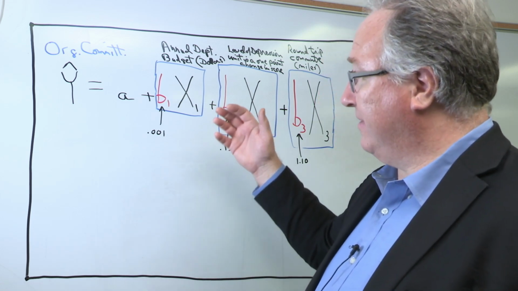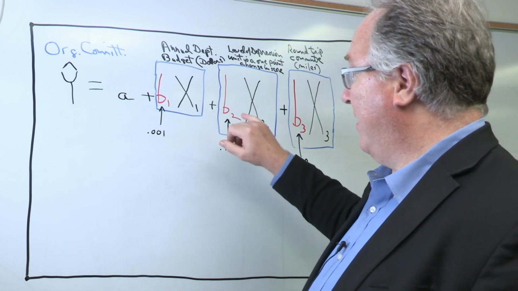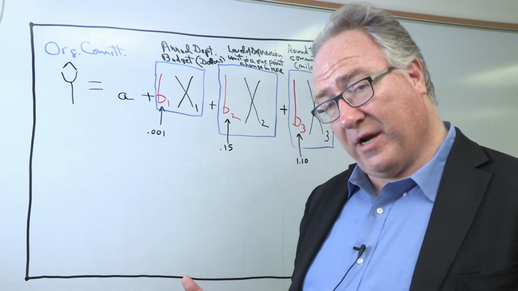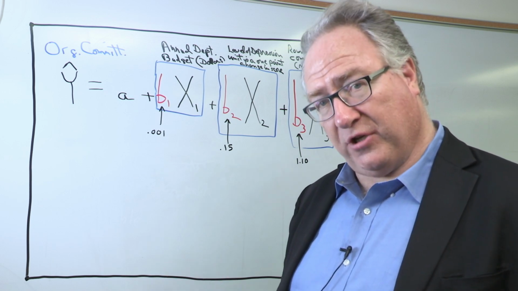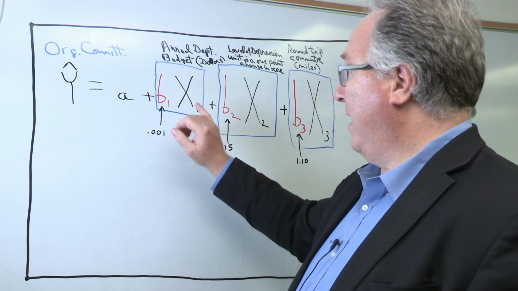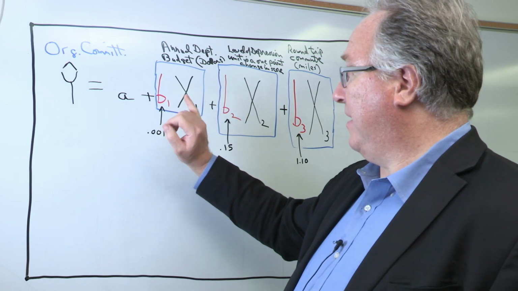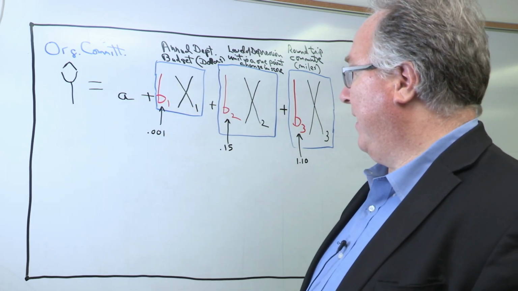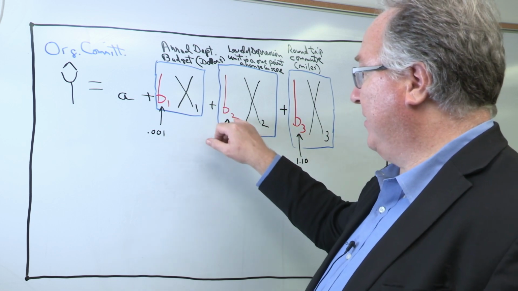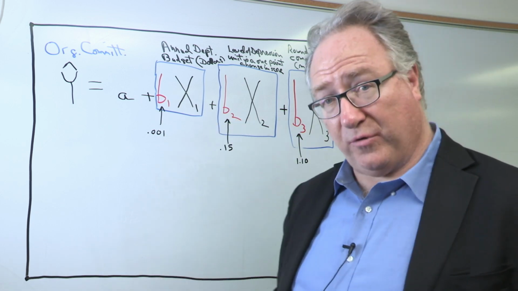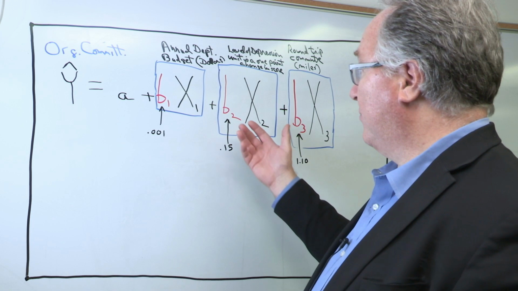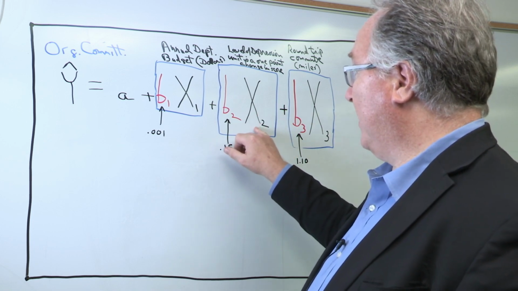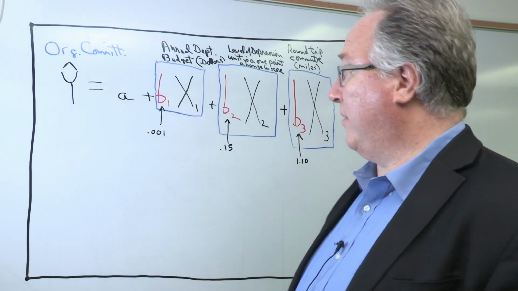Each of these unstandardized regression coefficient values describes the strength and the direction of the relationship between each of these predictor variables and the outcome variable. For B sub 2, it describes the strength and direction of the relationship between the second predictor variable and the outcome variable.